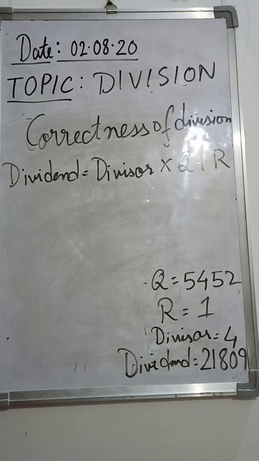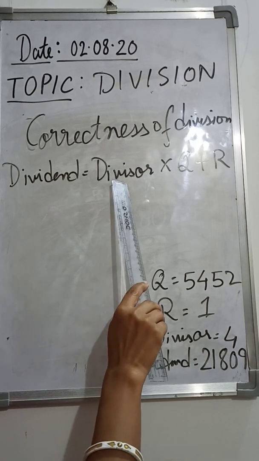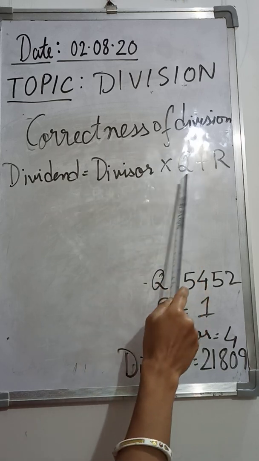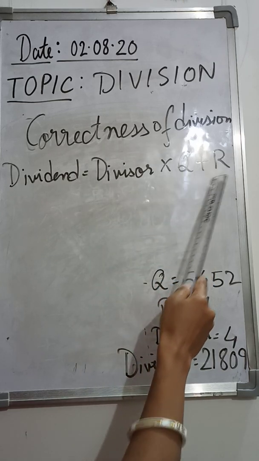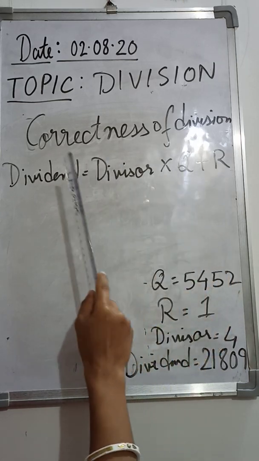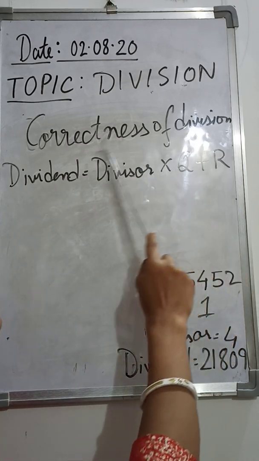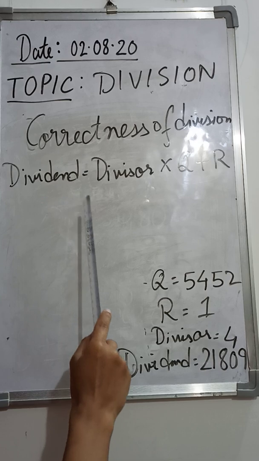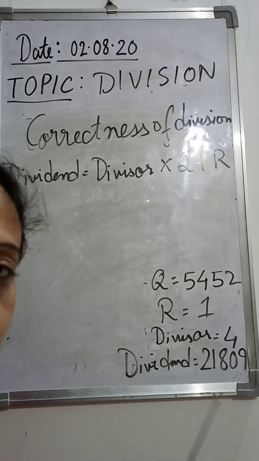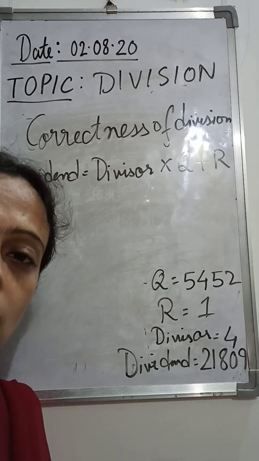This is the thing you need to remember. Whenever you multiply a divisor with the quotient and then add the remainder, your answer should always match the dividend. If you get your answer of this part equal to the dividend, then your division is correct.